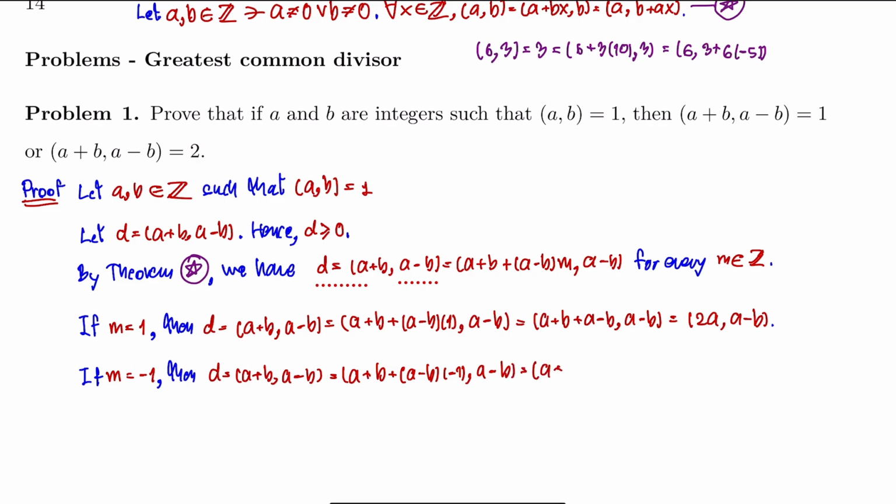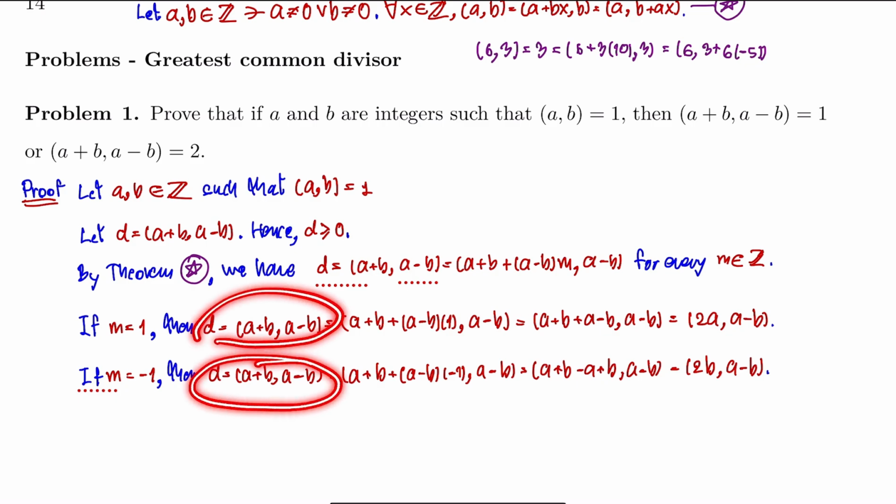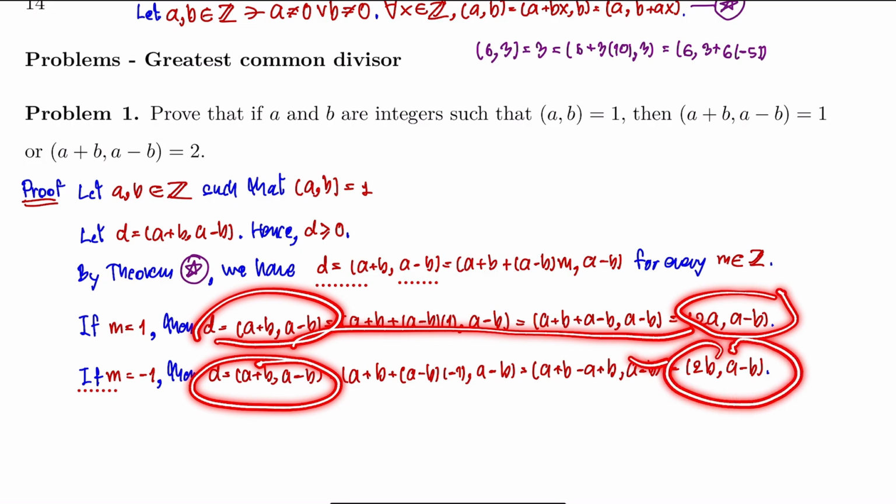We're going to have a plus b minus a plus b. So a minus a becomes 0, and what you have left is just 2b. So you're going to have 2b and a minus b. That means that the greatest common divisor of a plus b and a minus b becomes the greatest common divisor of 2a and a minus b.